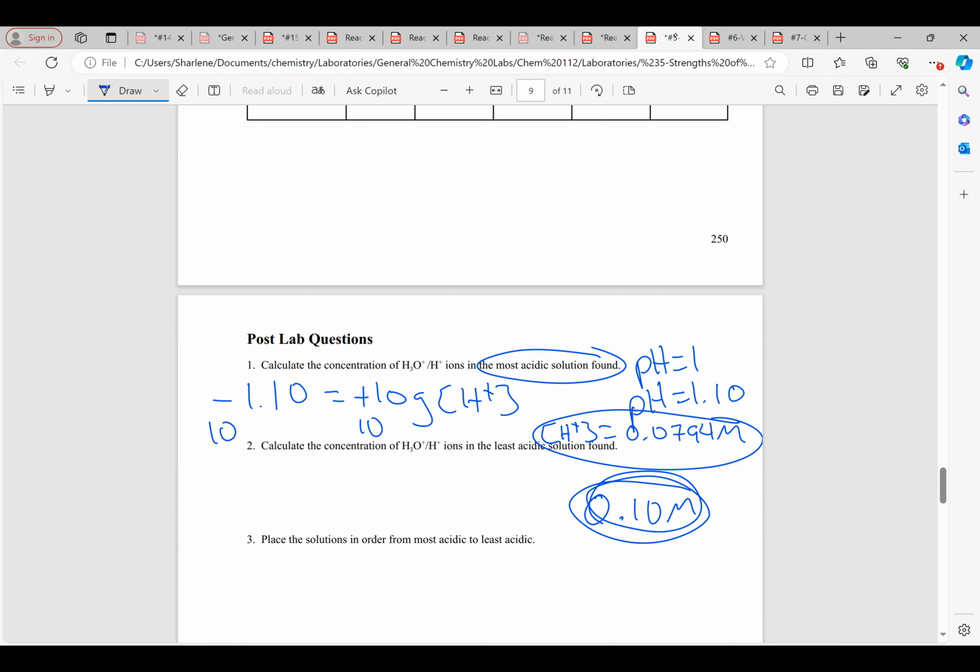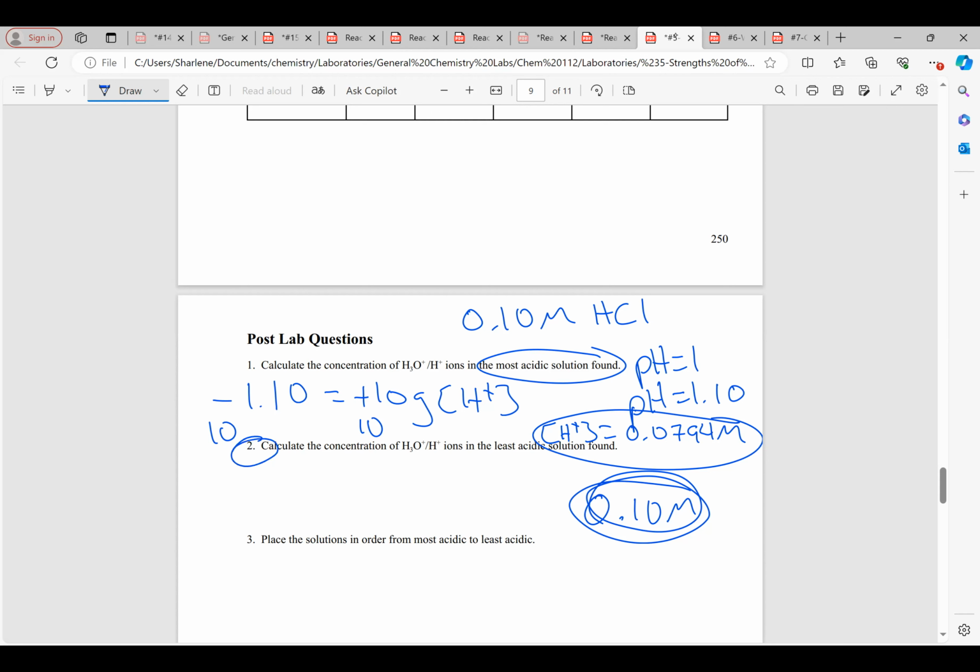And it should have been the 0.1 molar HCl. So of all the ones that we tested, that should have been the most acidic. And then hopefully when we meet on Thursday, we're going to play with those meters until we can get an exact pH of 1 so that we can trust that the meter and the concentration are telling us the same thing.